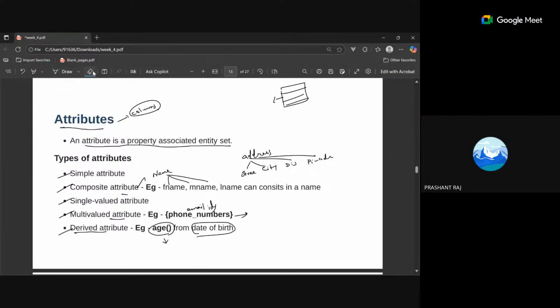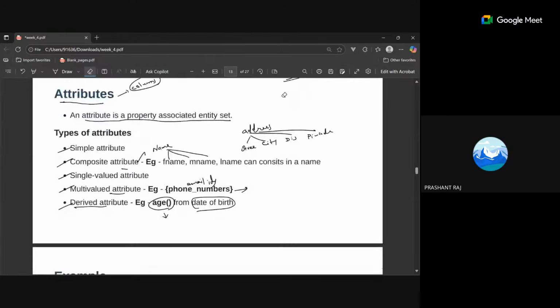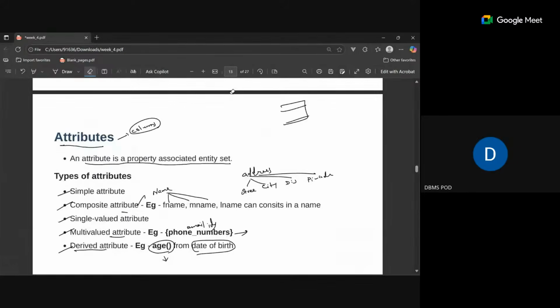What did you tell about simple attributes? Simple attributes mean, as usual, what we normally do: roll number, subject, all these things come under simple attributes. A single valued attribute can contain only a single value, not like phone numbers or email IDs. Is there a difference between simple and single valued?